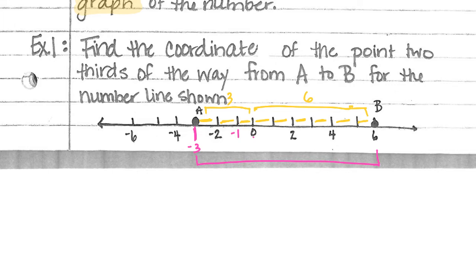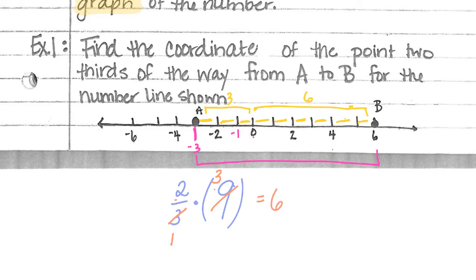So if I have 9 units from A to B, I need to take 2/3 of 9. Well, 2/3 multiplied by 9, I know 3 can go into 9 3 times, and 2 times 3 is 6.